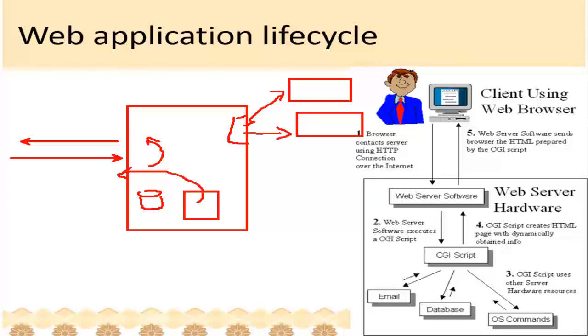Now, how do they interact? There is a common interface available within the web server that allows the others, and when I say others, I mean other resources like an email server or a database server or your programming language for that matter, to interact with your web server, and that is the Common Gateway Interface.